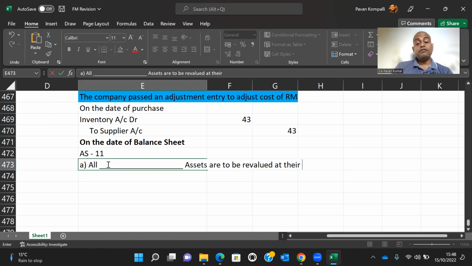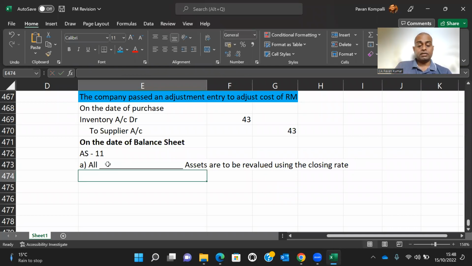Revalued at their fair value on balance sheet day. Revalued using the closing rate. Fair value means nothing but the closing rate. What is the closing rate? Closing rate is the exchange rate on the date of balance sheet. All dash assets are to be revalued using the closing rate.